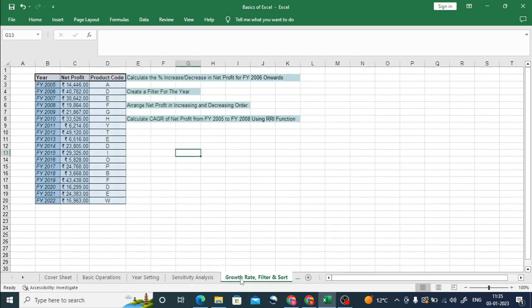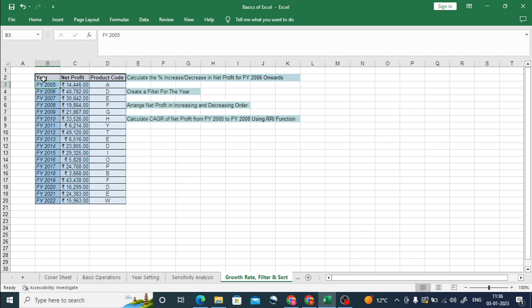Coming to three more functions of Excel, first being the growth rate, second being the filter, and third being the sort. Let's have a look at these one by one. So this is the data on which we are going to work. We have year, which is FY 2005, which means financial year 2005.